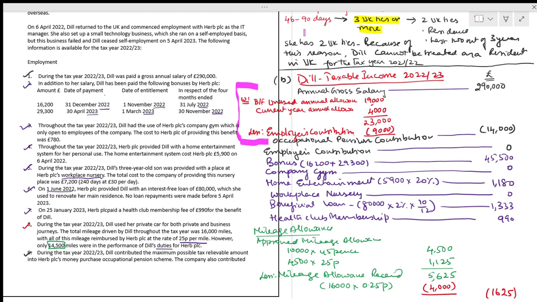Our occupational pension contribution of 14,000, this working, okay? Hope you have got the idea of how we have to do it. Fine. This is the one which we are going to work out with that question. Thank you so much. Let's see in the next session. Thank you.